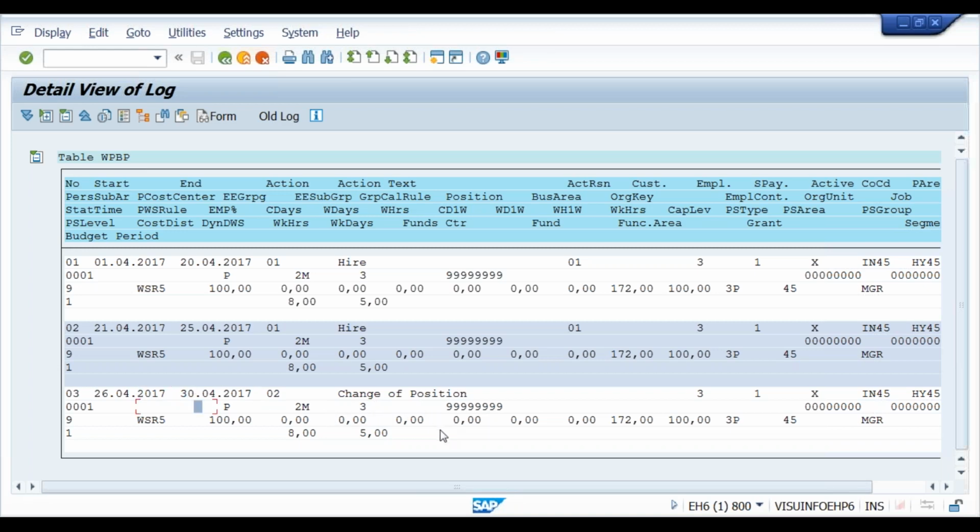Why is this split created? See, for example, I have changed the employee location. I transferred the employee using a personal action in the middle of the pay period, on the 21st, right? When I transfer the employee to another location, that location will have different holiday calendars. That location may have different work schedules.